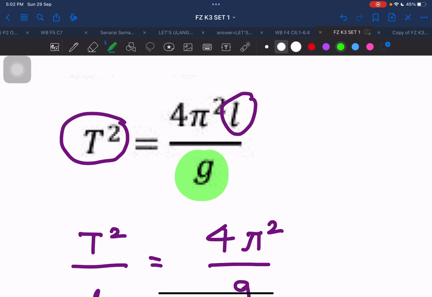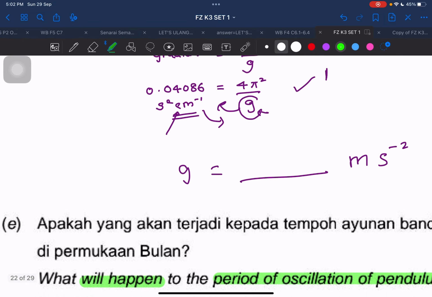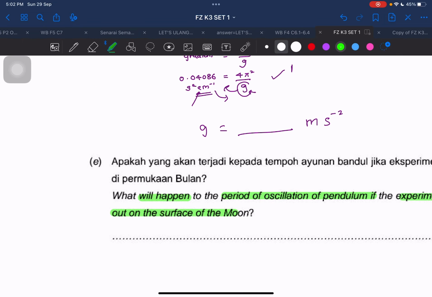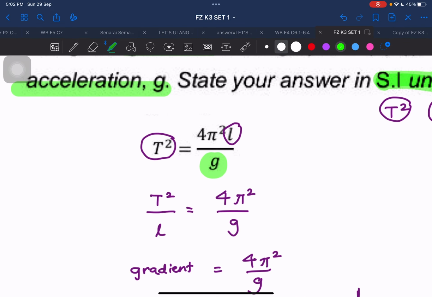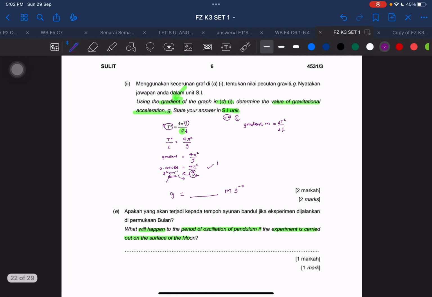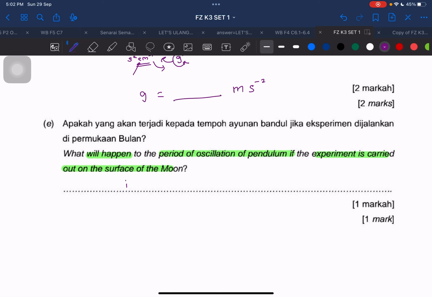What do you think will happen? On the surface of the moon, will G be bigger or smaller compared to the Earth? Smaller, right? When this is smaller, of course T will be bigger. So the answer here will be increase.